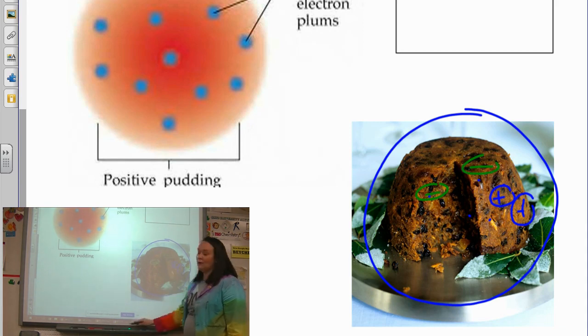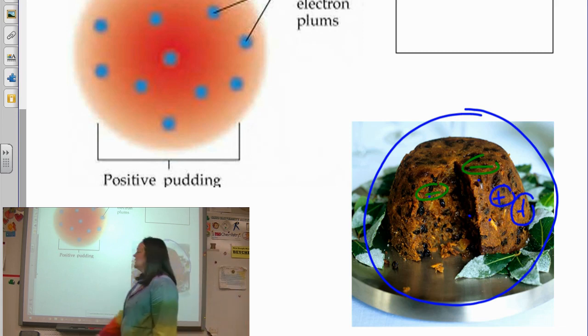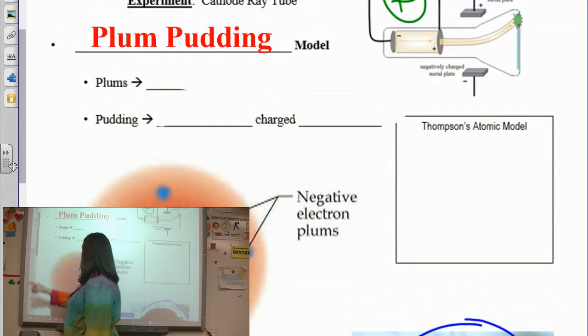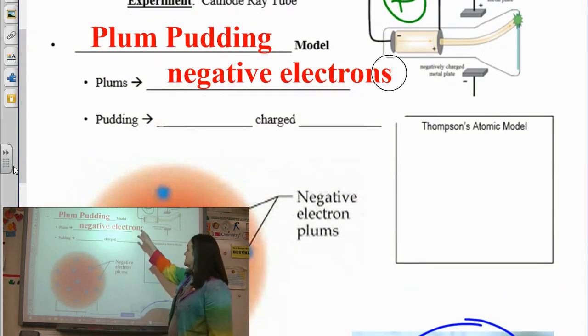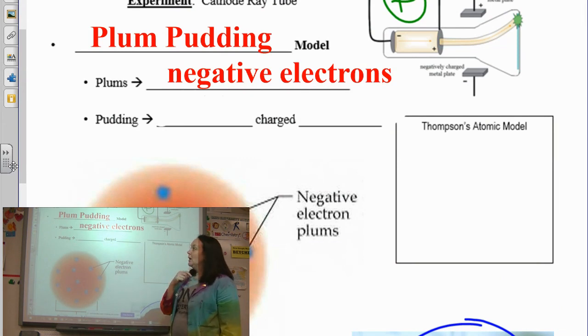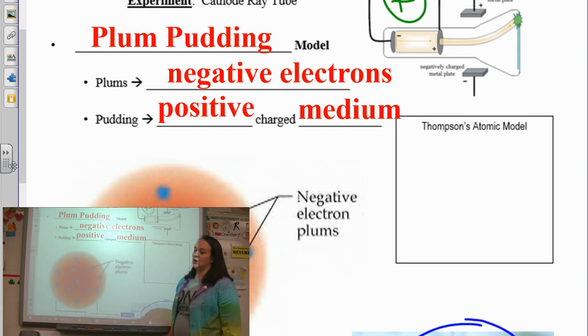So if I were to liken it to a today's dessert, I would think like chocolate chip ice cream, where the ice cream is positive and the little chocolate chips are negative. So he had the plum pudding model, where the plums were negative little electrons and the pudding was positively charged medium.